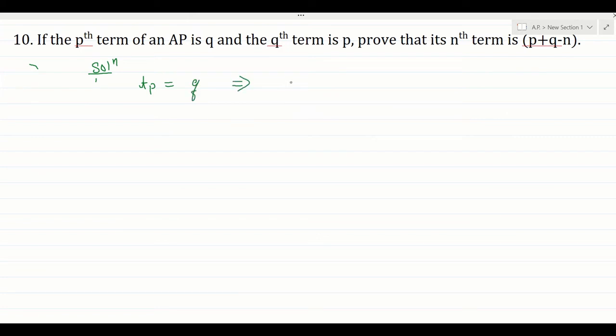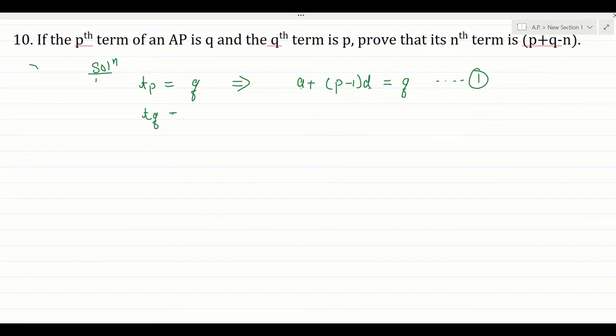But we know Tp is given by a plus (p − 1)d, isn't that? Now right hand side is equal to q. This is equation 1. What is a over here? The first term. What is d? The common difference.